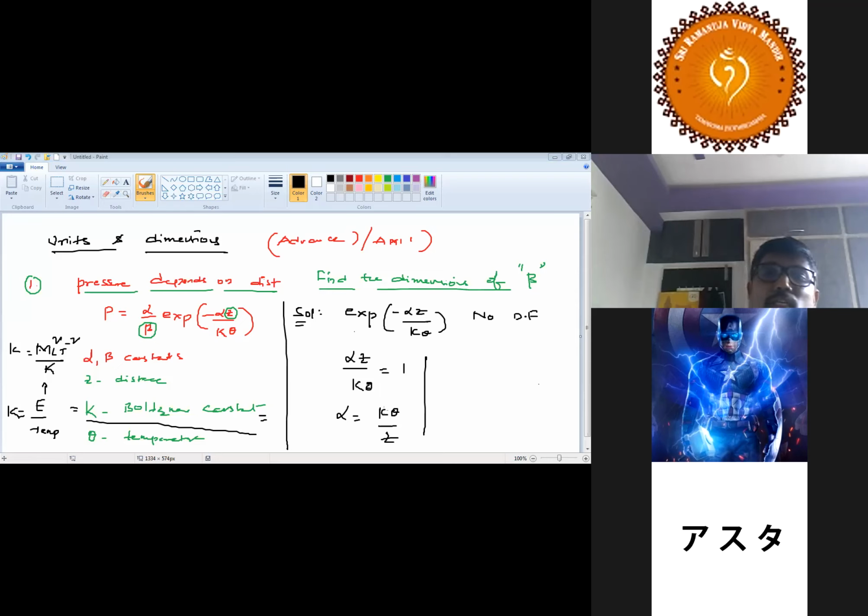Now, what is the dimension formula for K? Alpha is equal to K, which is M L square T power minus 2, divided by the dimension formula for temperature, which is K. For theta it is also K, and Z is distance, that is L. Up to this, any doubt, guys?